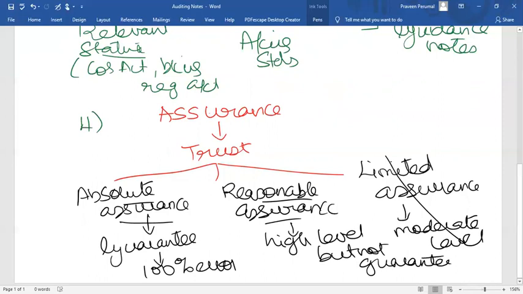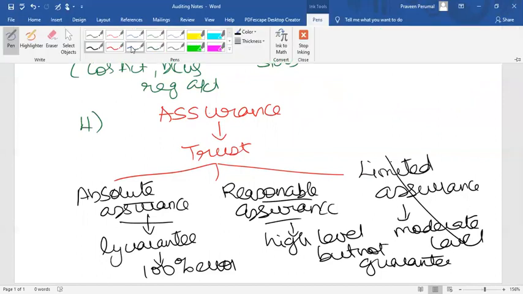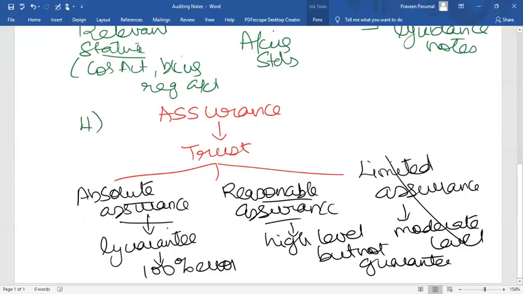Normally, which assurance does the auditor give, absolute or reasonable? Normally the auditor gives only reasonable assurance, not absolute assurance. Why? Auditing suffers from inherent limitation. Therefore, the auditor can give reasonable assurance only.